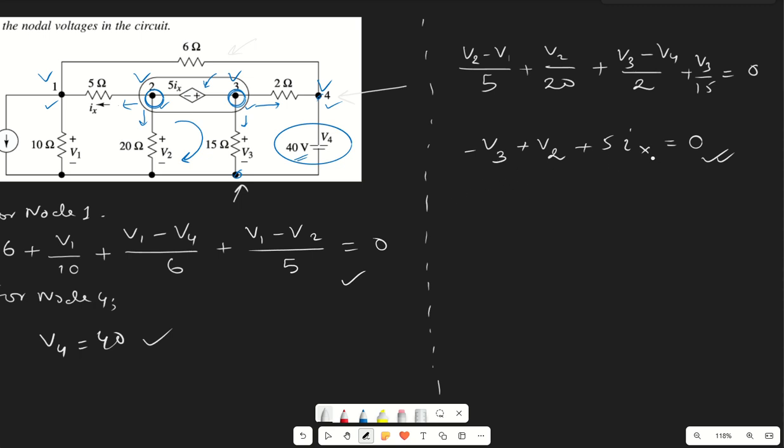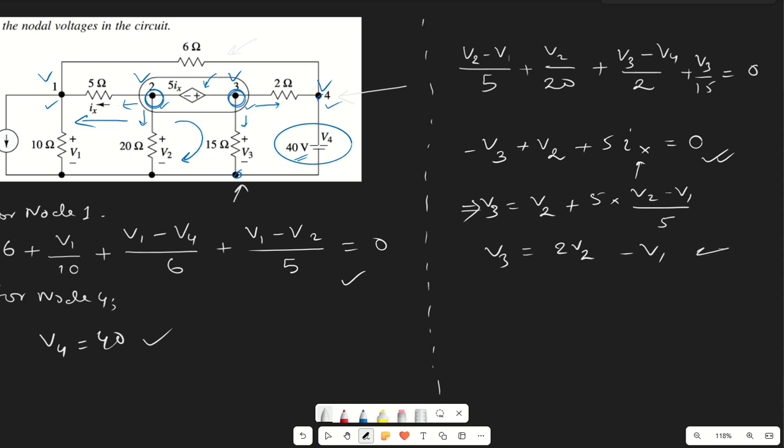Now in place of this Ix, we have to write down the value. So what is our Ix? Ix is this current, which is nothing but (V2 minus V1) divided by 5. So directly we can write V3 equals V2 plus 5 into Ix, which is (V2 minus V1) divided by 5, so this comes out to be 2V2 minus V1. So V3 equals this much.